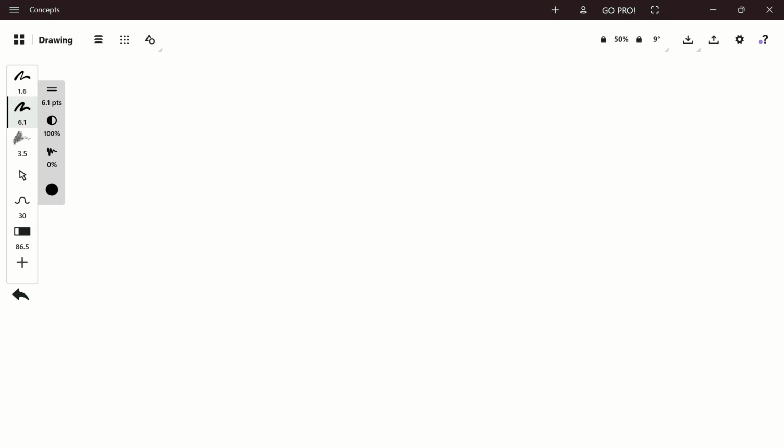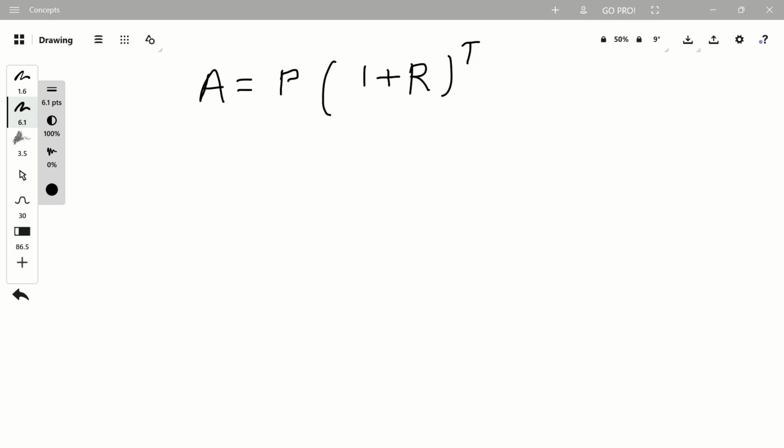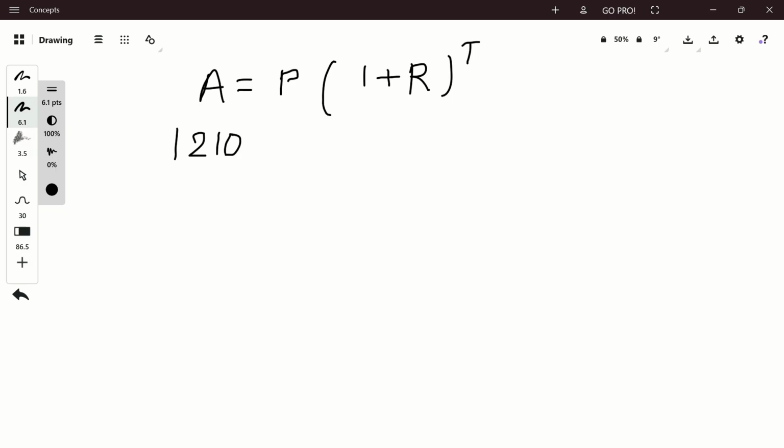The formula for amount with compound interest is A is equal to P times (1 plus R) to the power T, where A is rupees 1210, P is rupees 1000 and T is 2 years. The rate R is in decimal form. Substituting the values and solving for R, we have 1210 is equal to 1000 times (1 plus R) to the power 2.